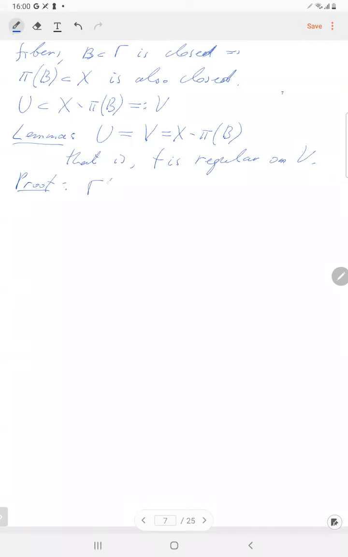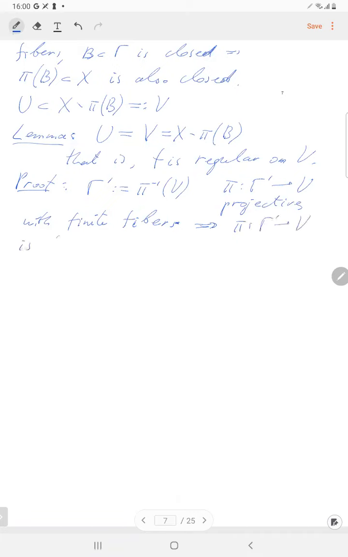We set gamma prime to be the preimage of V, and hence we have the projection pi from gamma prime to V. Again, it is projective with finite fibers by the very definition, because we removed all the fibers of dimension 1 or higher, and hence by our key lemma, proved I forgot, last time or last week, but not very long ago, it means that this pi from gamma prime to V is finite.